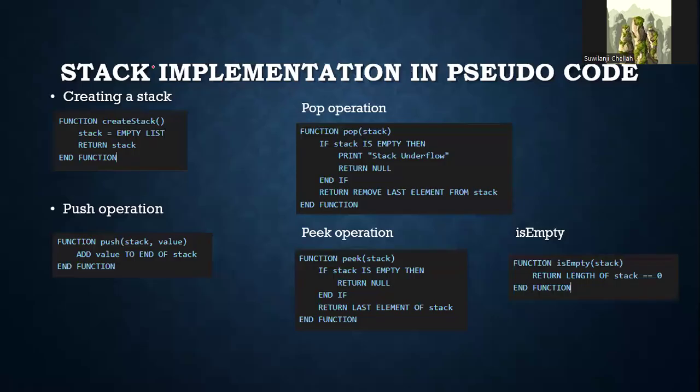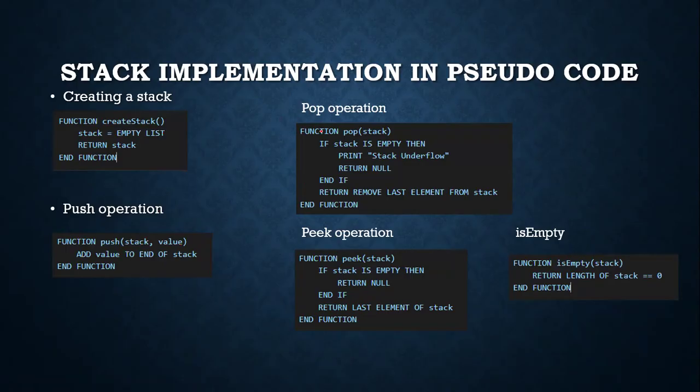Okay, cool. So implementation in pseudocode. Here we have a function createStack, and you've got a stack which is an empty list. If you're in Java, you might use maybe an array, an empty array, then return the stack. A push operation basically gets the stack itself and then the value of what you're trying to add. So you add the value to the end of the stack, then you end the function.